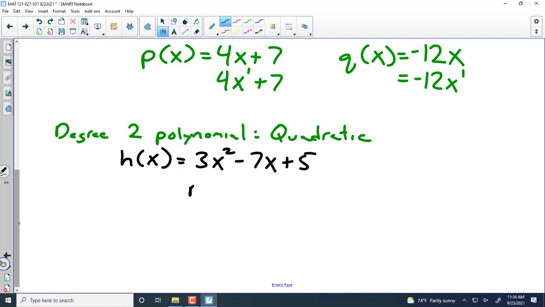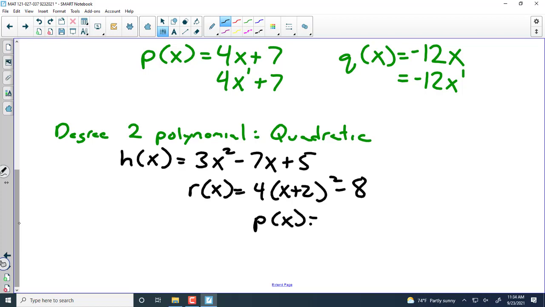Sometimes we'll see them written like this. That's the way where it's easy to spot the vertex right off the bat. And sometimes we'll see them written like this. Three different ways we might write a quadratic, but all of them are degree 2 polynomials, because all of them could be written like this, the top one h of x, if you just multiply it all out.